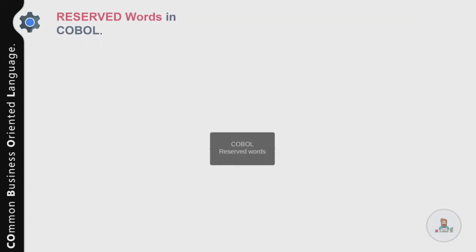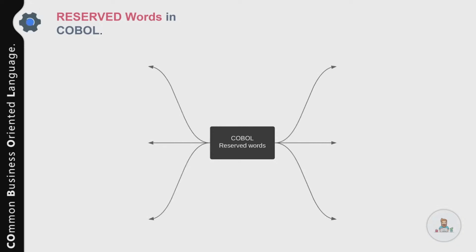Now let's talk about the reserved words in COBOL. So by definition, a reserved word is a character string with a predefined meaning in a COBOL source unit. They are basically divided into 6 different categories.